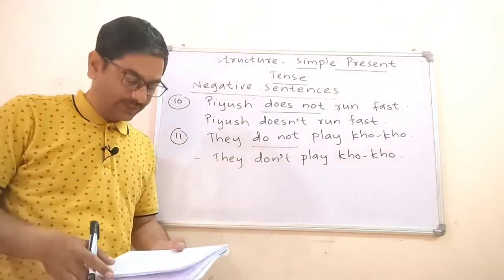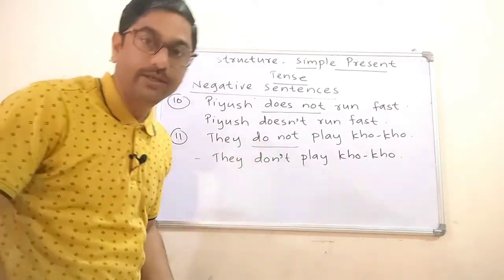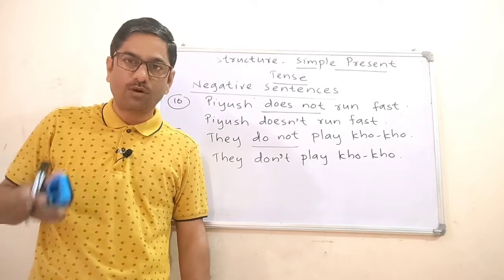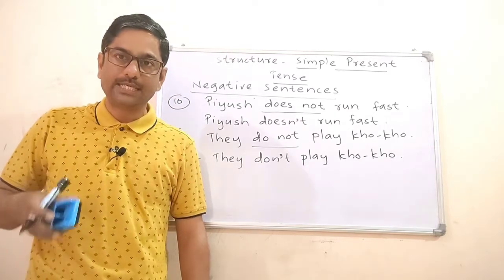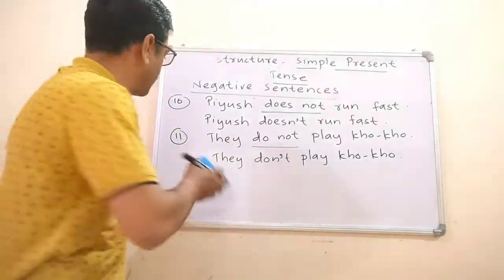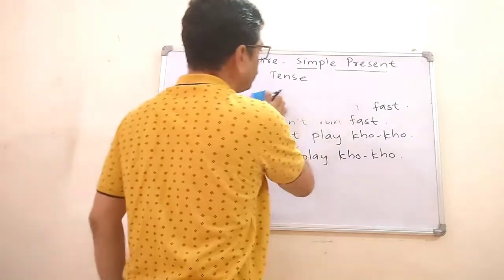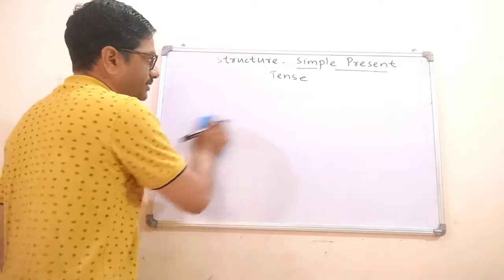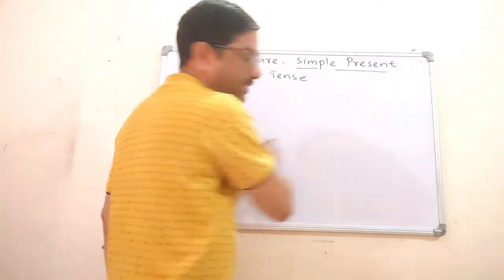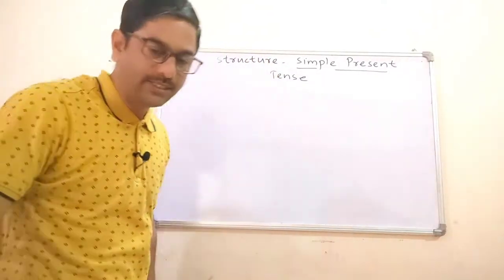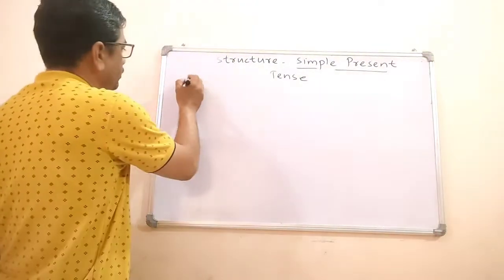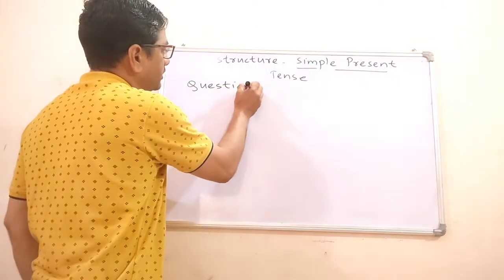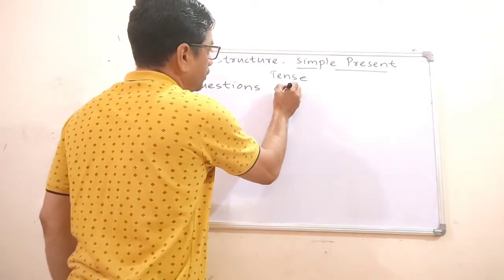So we studied negative sentences. Now we will study questions, verbal questions or yes no type questions and their short answers. We are studying the structure of simple present tense.